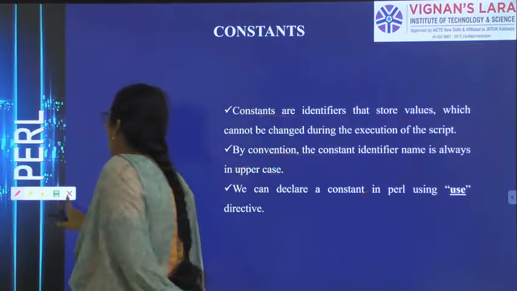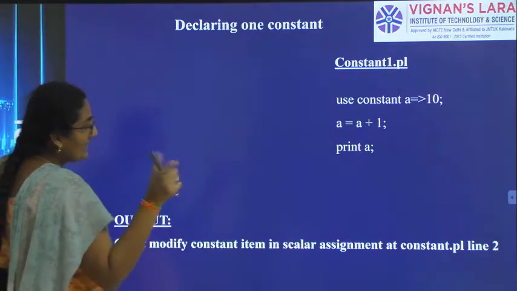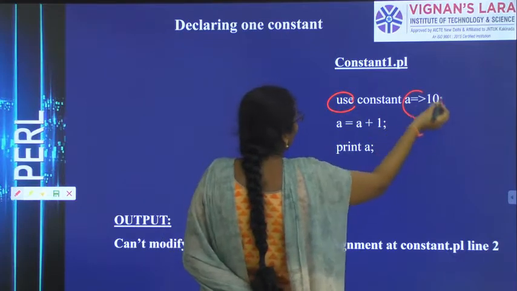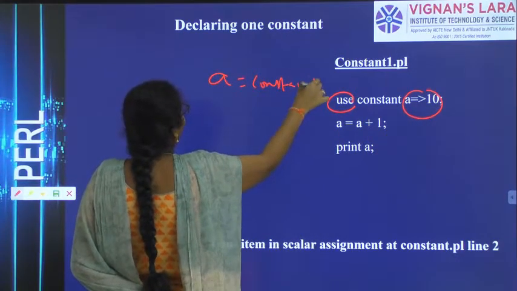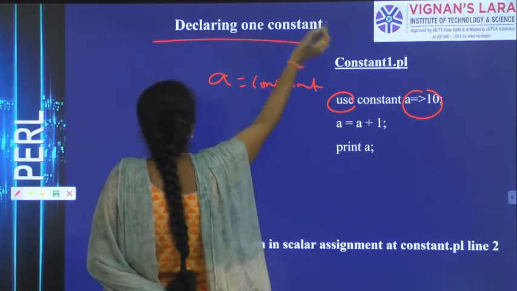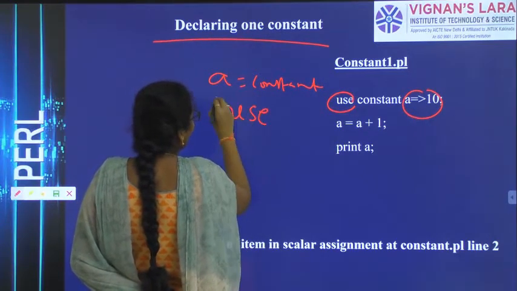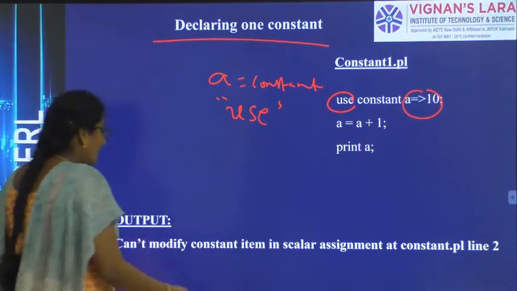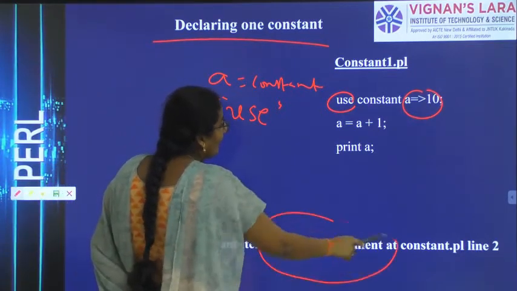So let us see how it is happening. Declaring a single constant. What is the directive we should use? Use a equal to 10. So a is a constant, and we are declaring only a single constant at a time. We should use the directive use to declare a constant, and once a constant is declared, we cannot modify or update it.